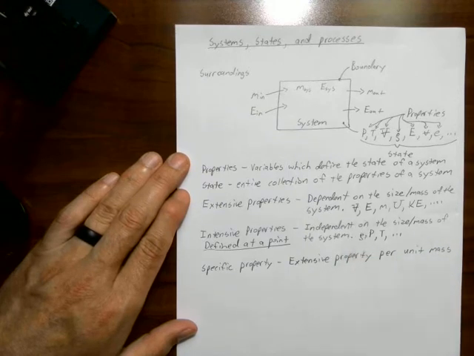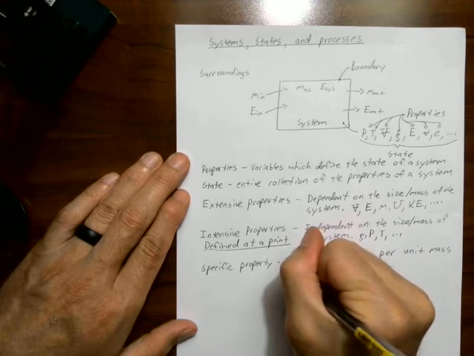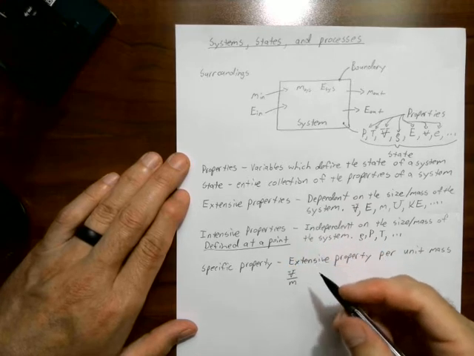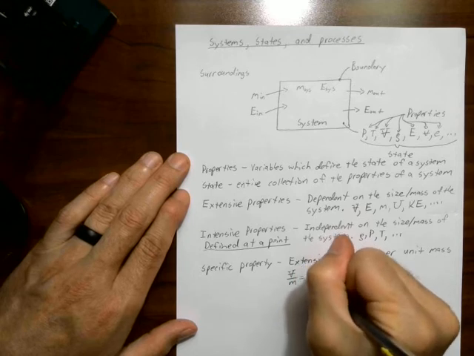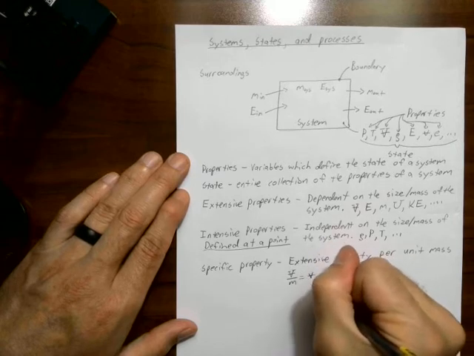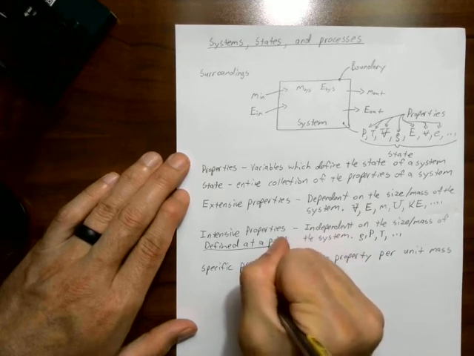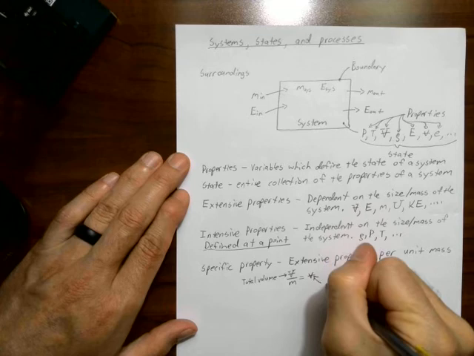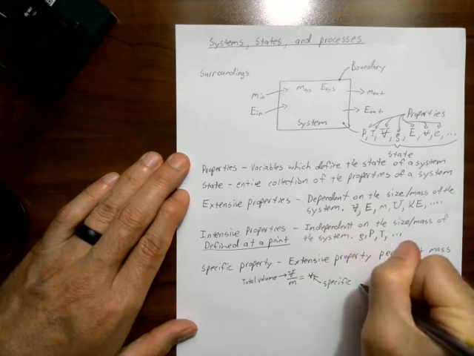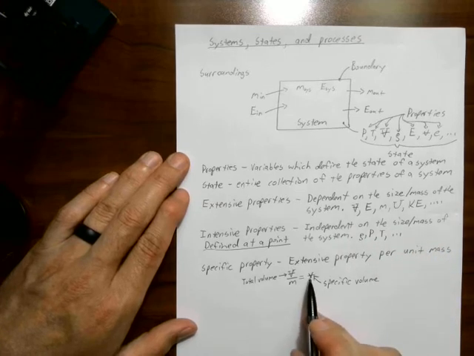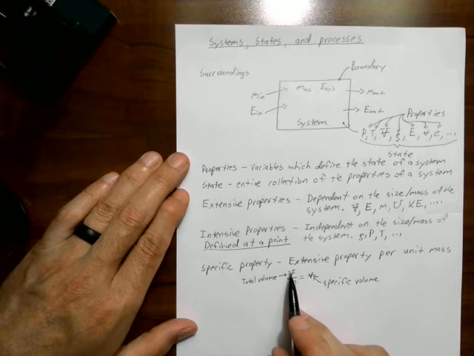If I have the total volume and I divide it by the total mass, I get an average value of what's called the specific volume. So this is total volume, and this is specific volume, generally given with a lowercase v. So we've got uppercase V for the extensive property, lowercase v for the specific property.